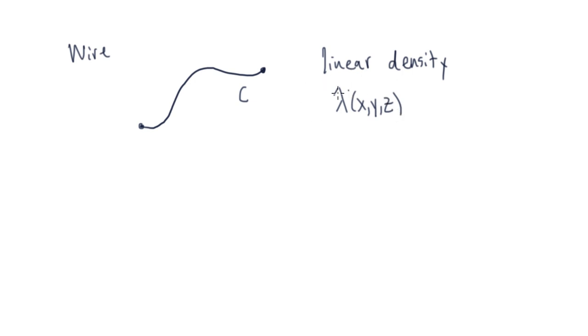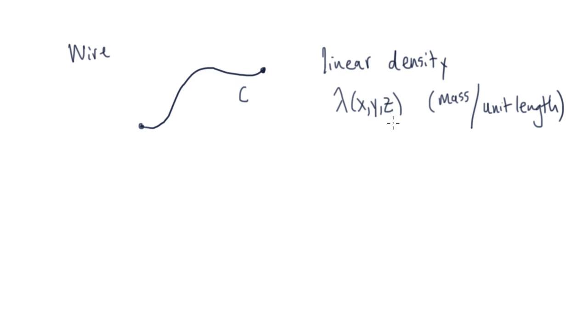Okay, so the linear density is lambda, and this is really like mass per unit length. And of course the linear density doesn't have to be constant. If you pick up any piece of rope that you can find, most rope has a constant linear density, meaning that if I take any small piece of the rope, the density is going to be the same.